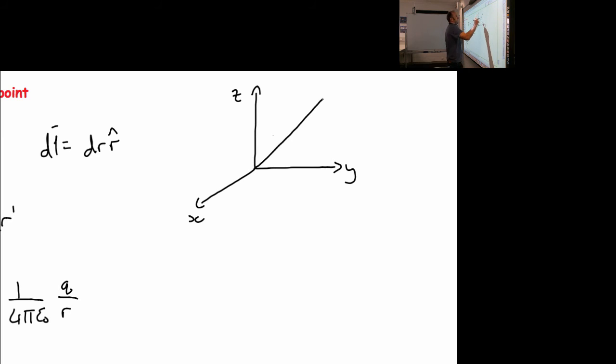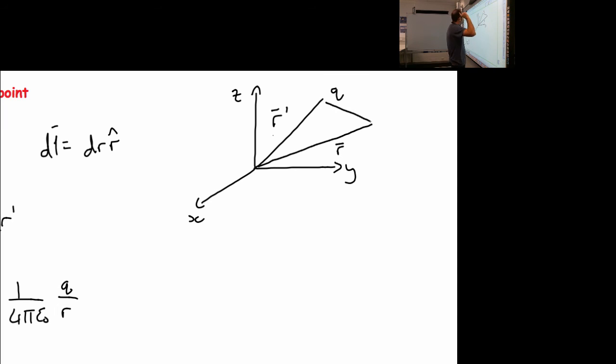If we consider our three axes, so we have our x, y and z. Our point charge is located some distance r prime from the origin. That's our source. And our field point is some distance r.